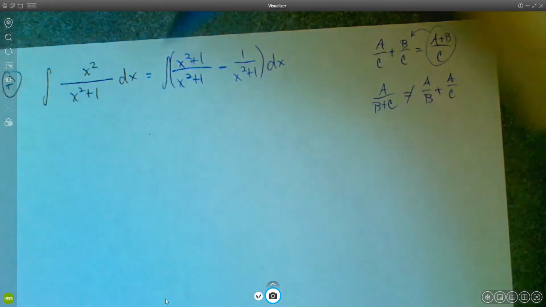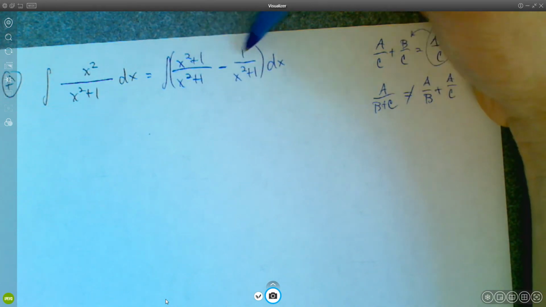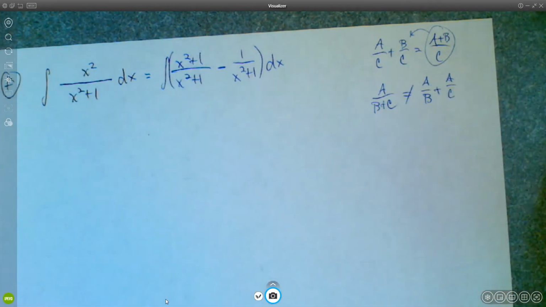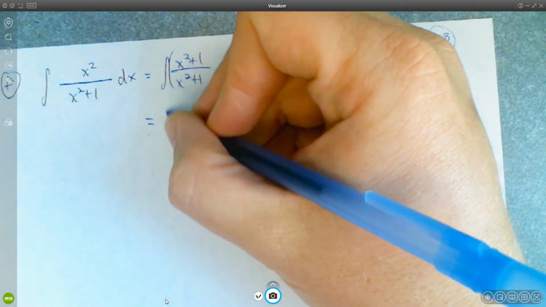So in other words, if you do the subtraction, you get x squared plus 1 minus 1. That's just x squared over x squared plus 1. So that works out, right? Now the beauty of that is that x squared plus 1 over x squared plus 1 is, of course, just 1.